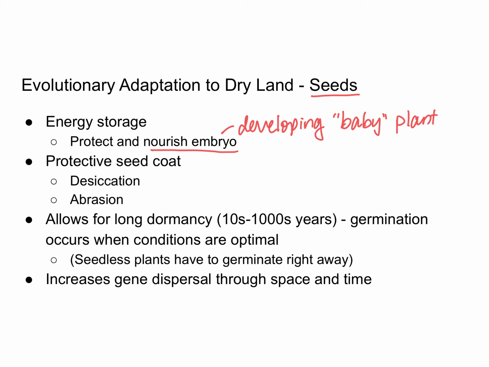The seed is also surrounded by a protective seed coat, which is made out of tough material. And this material helps to prevent the seed and the embryo from desiccation, which is just drying out or dehydration, and abrasion, which is physical or mechanical damage.